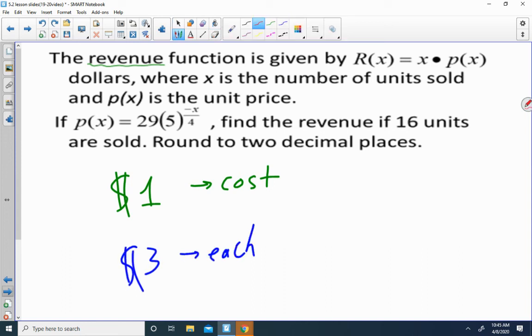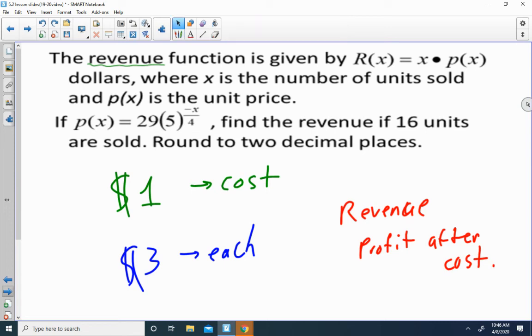You see what the revenue is. The revenue is the profit you make after you take away the cost. Or in other words, it's basically how much money you make after you take away the expenses.